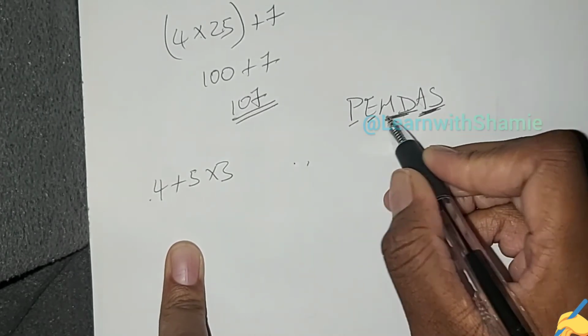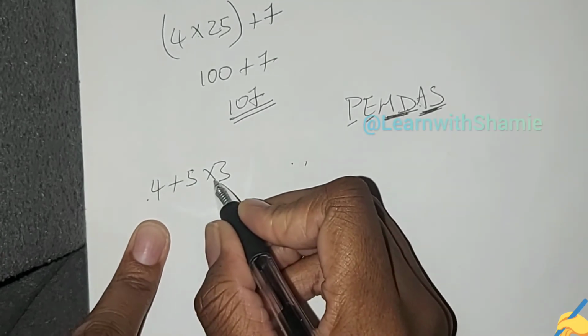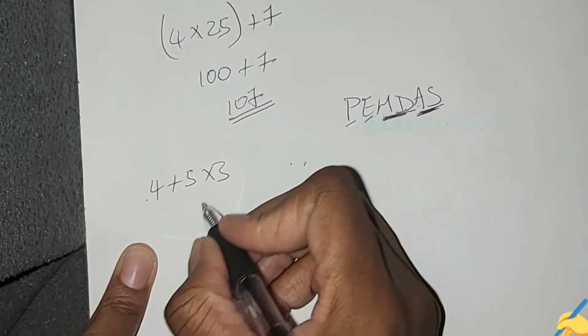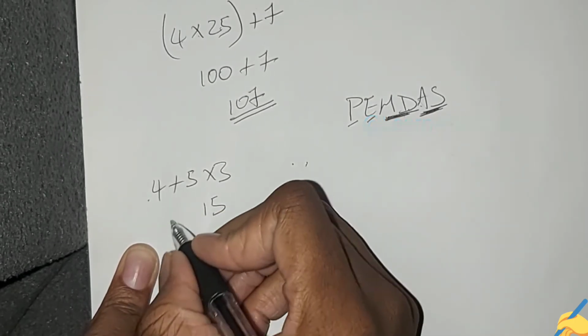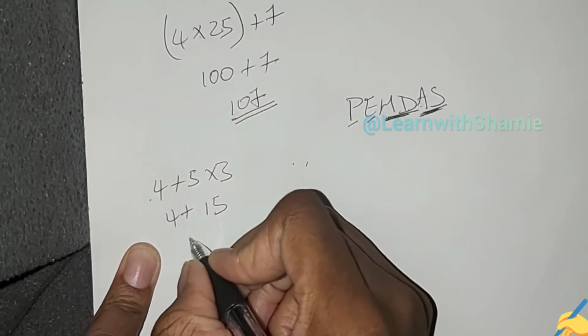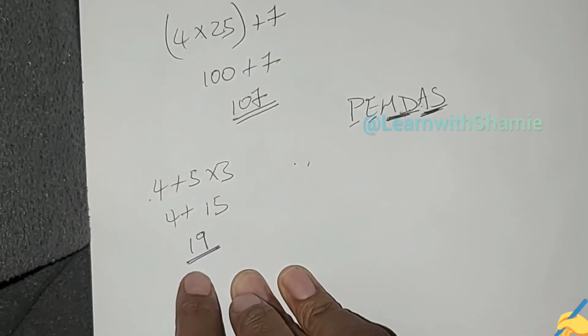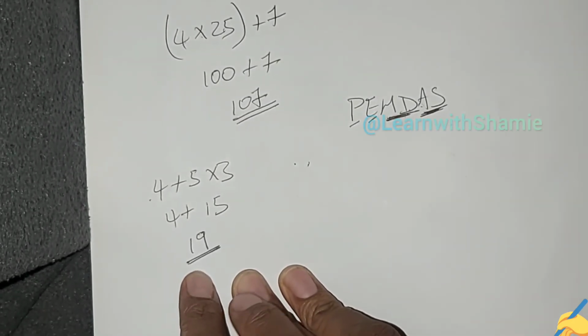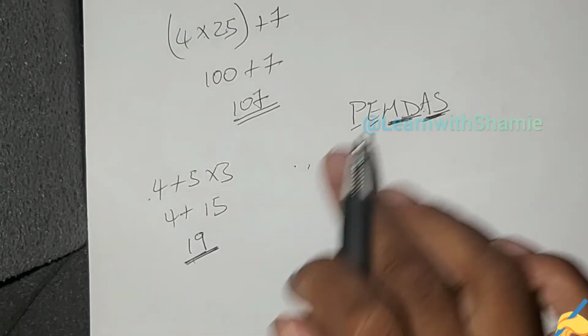You see multiplication comes before addition, so you're going to do the multiplication part first. So 5 times 3 is 15, plus 4 is 19. So the second answer was indeed correct. Now you see why we need these rules.